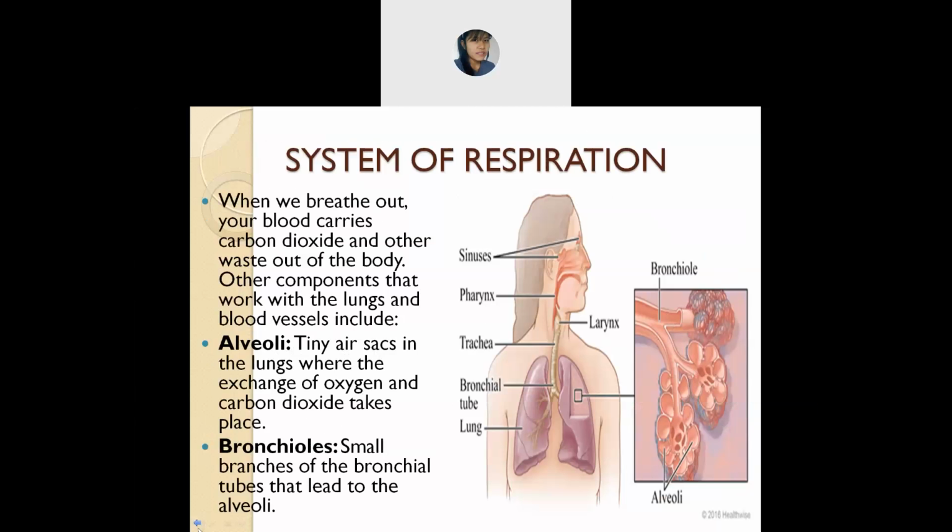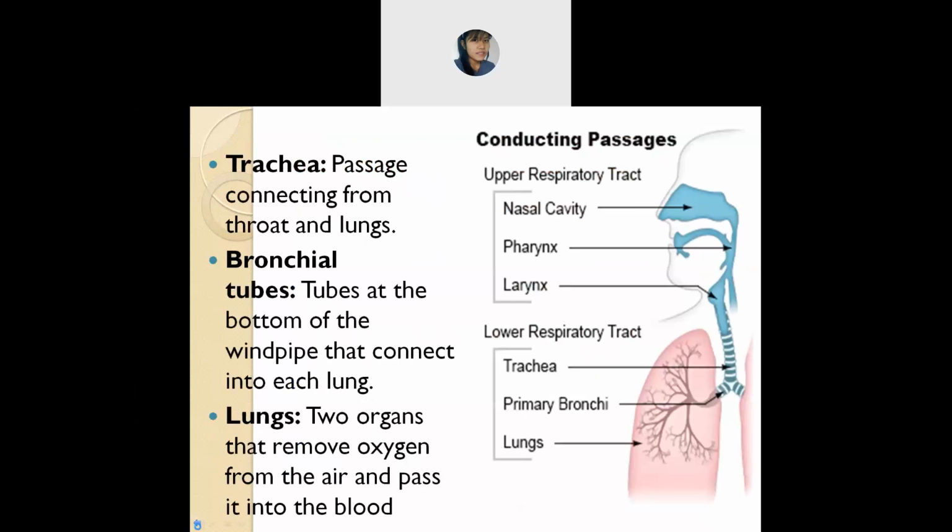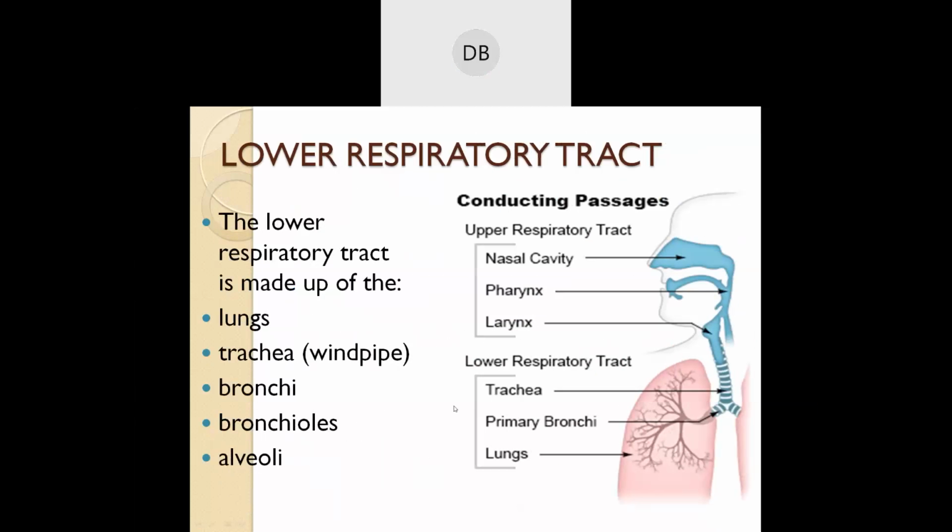So these are the parts of the lower respiratory tract. Okay, I'll repeat again. First, the lower respiratory tract has the lungs. You will find two lungs, one, two; the picture doesn't show it, but you have two lungs.